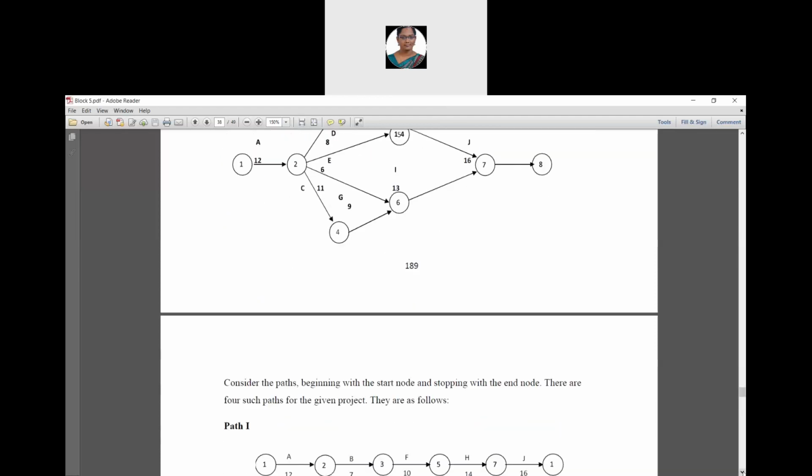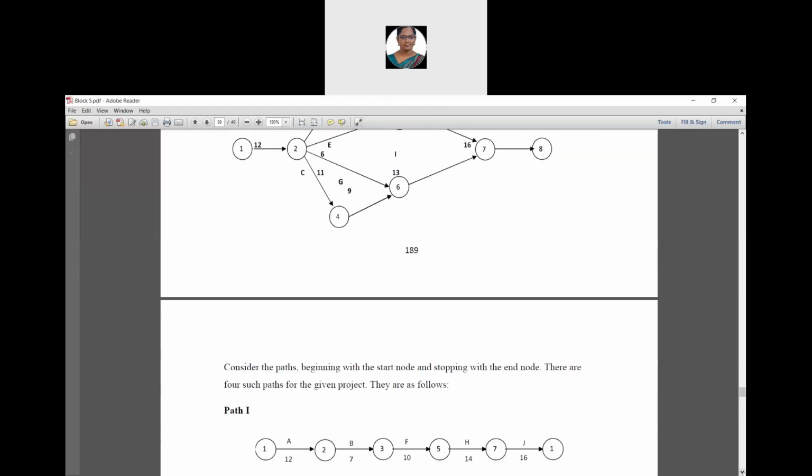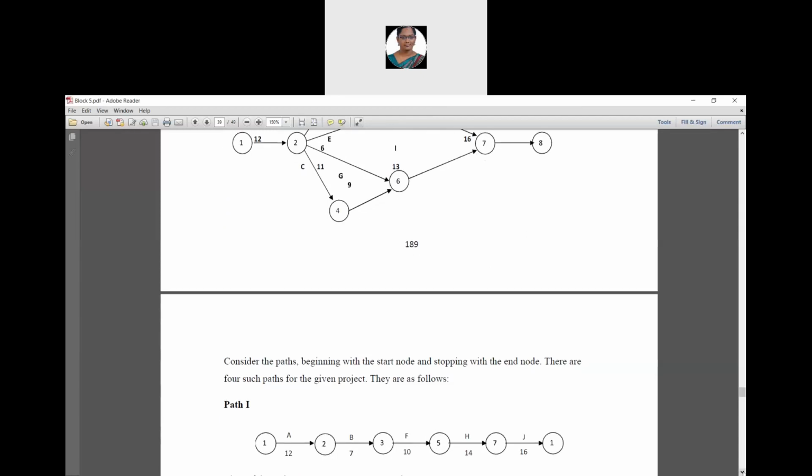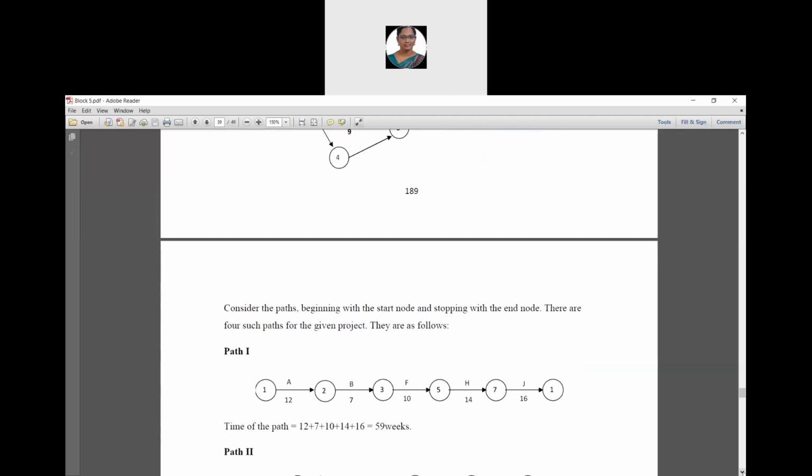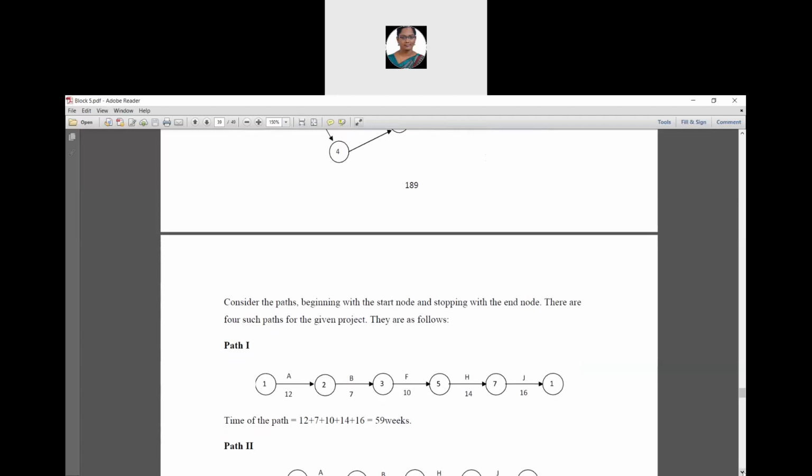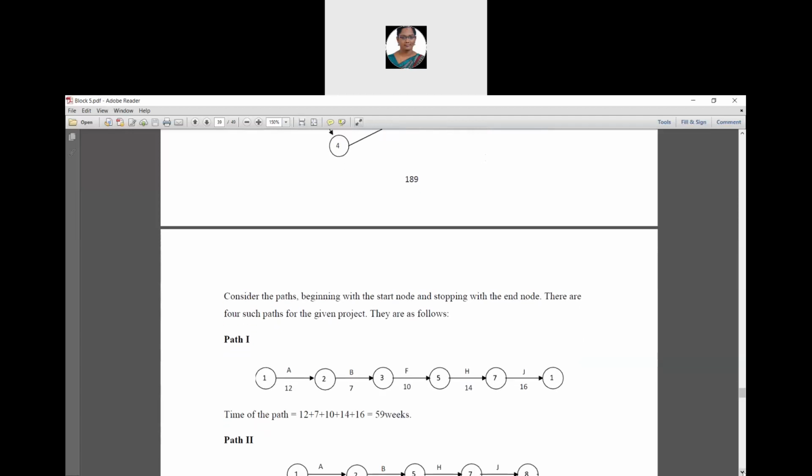So, in this network diagram, there are 4 such paths for the given project. They are path 1. It begins with the starting node 1 and stops with the ending node 8.